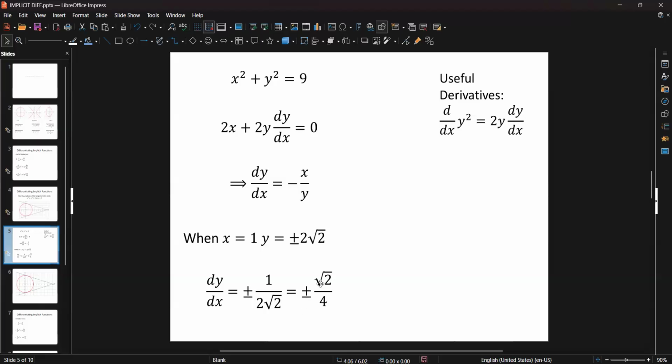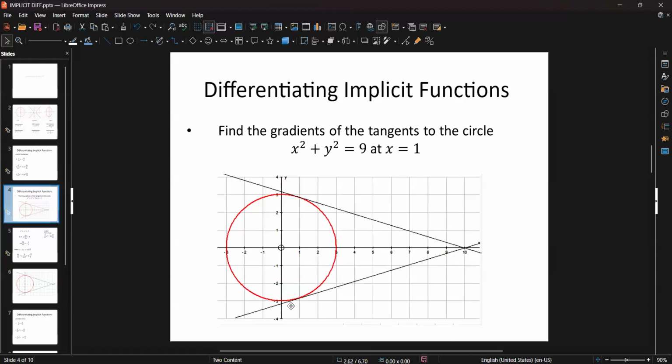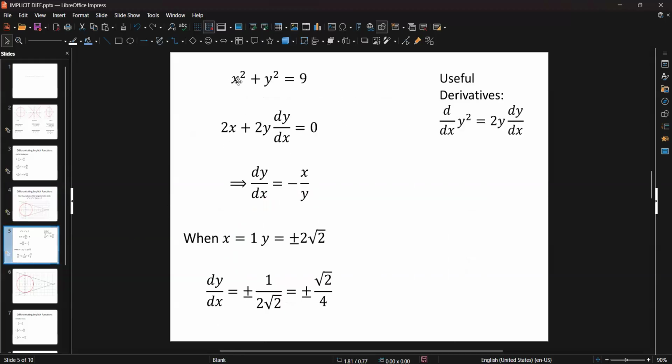You get two values, and those are your gradients. One of them is positive, one is negative. Because when you look back, one of the tangents is going up like that, so that would have a positive gradient, and this tangent would have a negative gradient.